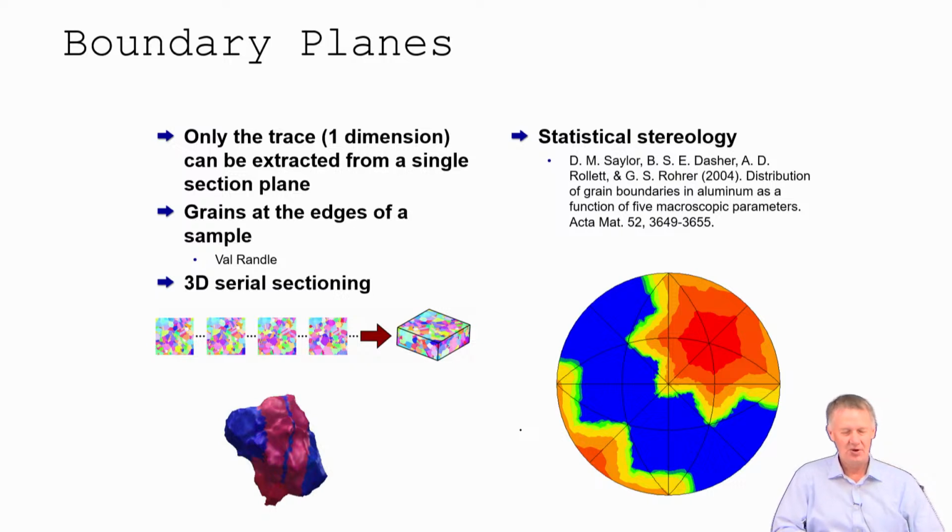Okay, boundary planes. So we've talked about how to measure boundary planes a little bit. 3D serial sectioning is the obvious way to do it, where you actually get three-dimensional data. It takes a long time, takes specialized equipment, but it can be done.